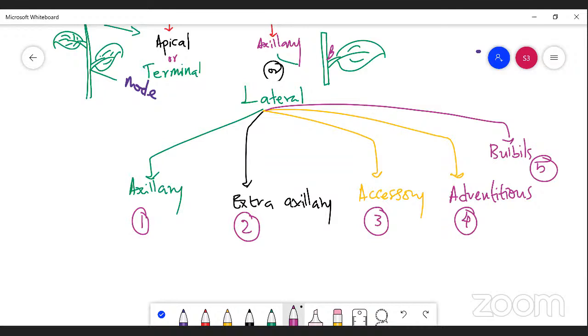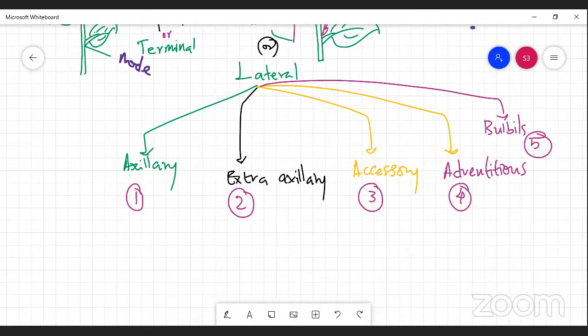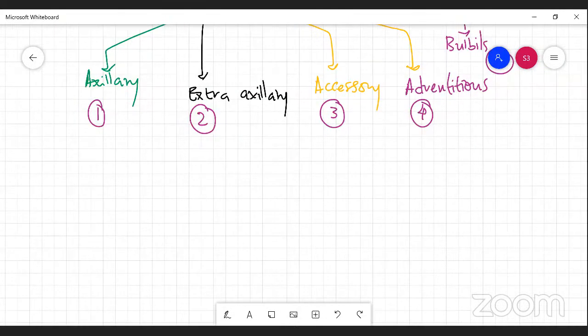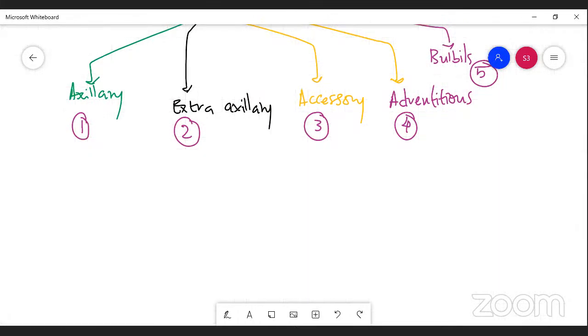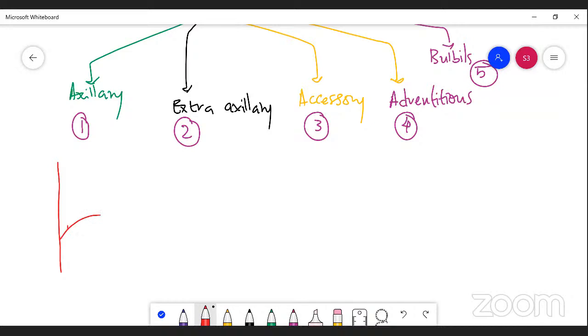That is called axillary buds. First of all, let me take axillary buds. As I mentioned, axillary buds are a type of bud. Now, this is a structure. This is a plant in which a leaf is there.